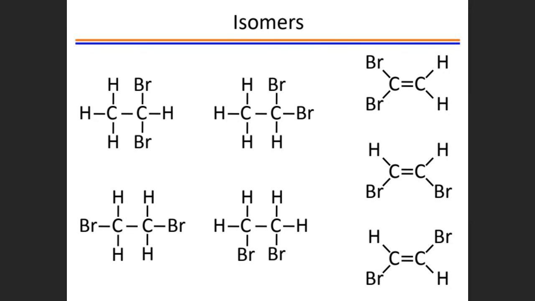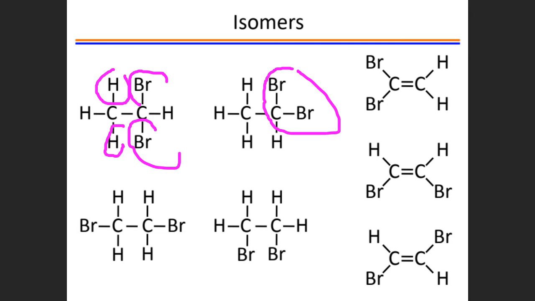Like here, same compound, we have H, H, Br, Br. But look here, the orientation of bromine changed, correct? So that's how this is an isomer.